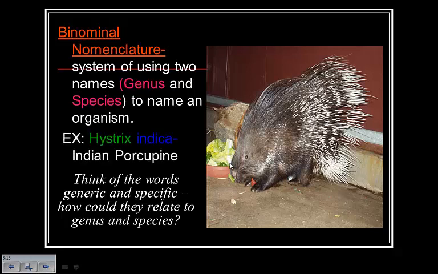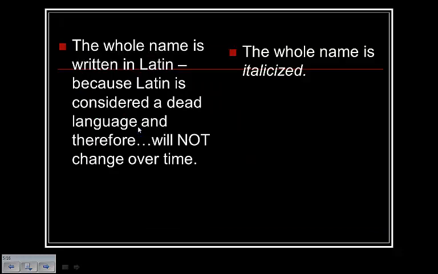All right, so here the Indian porcupine is the common name. Hystrix indica is the scientific name. Hystrix is the genus name, and indica is the species name. A couple of things about it. Genus is going to be capitalized. Notice that's capitalized, and the species name is lowercase.